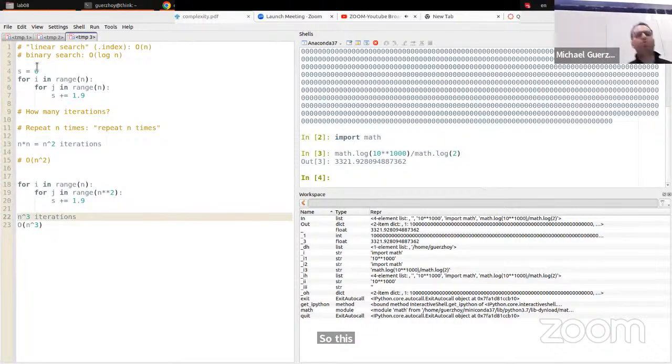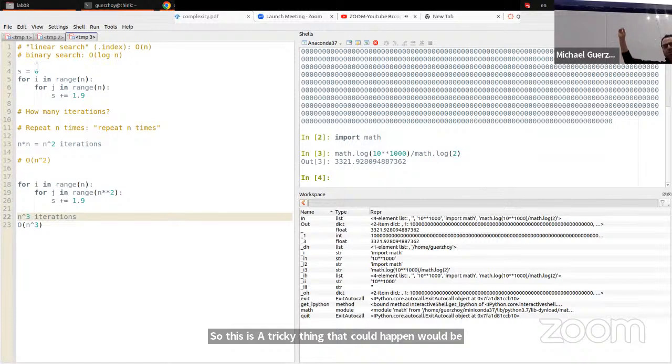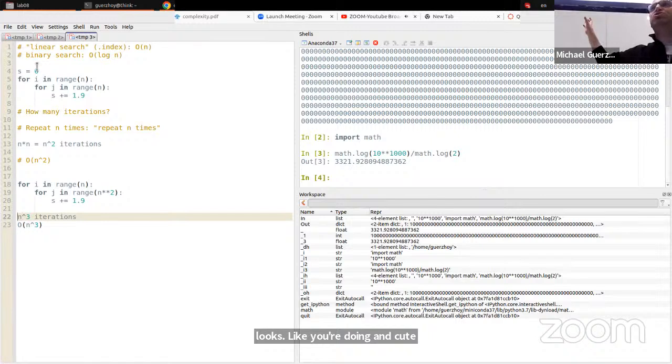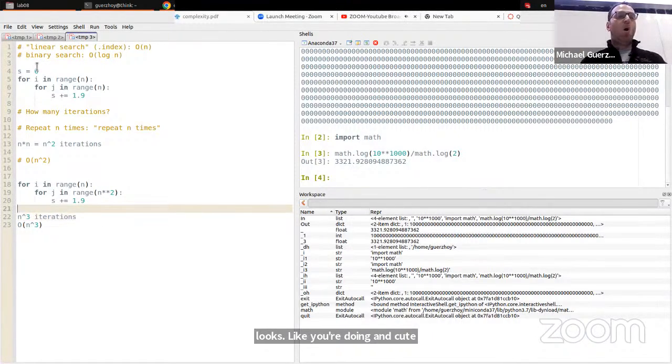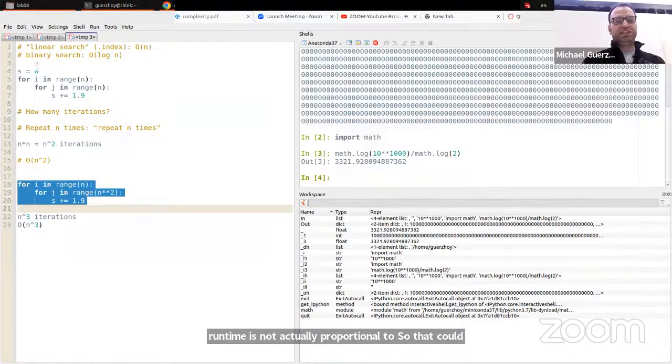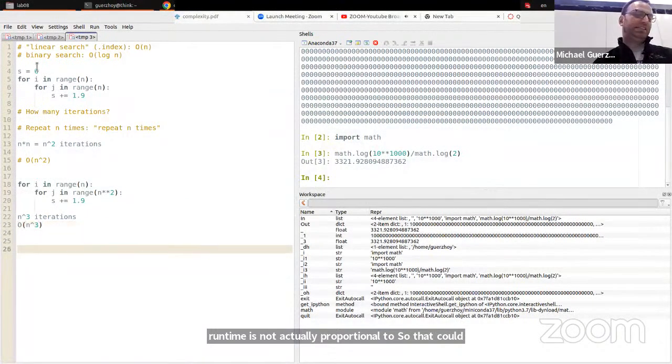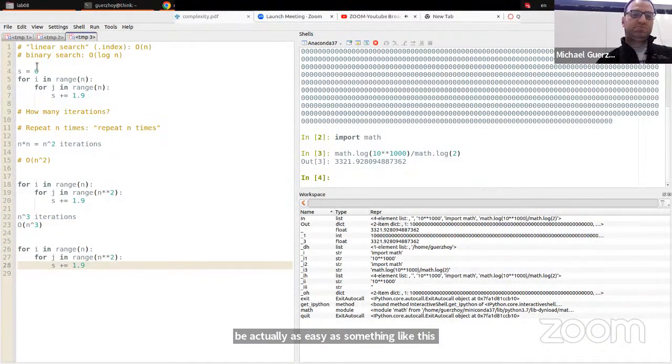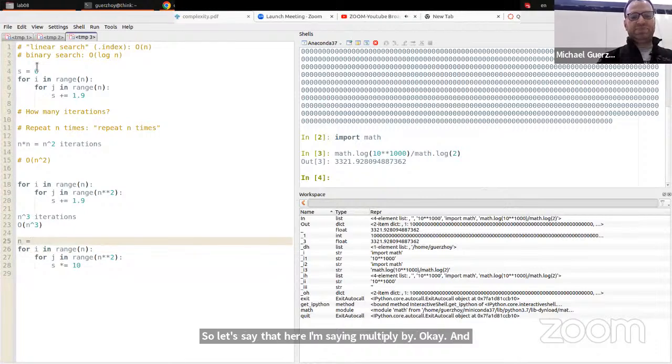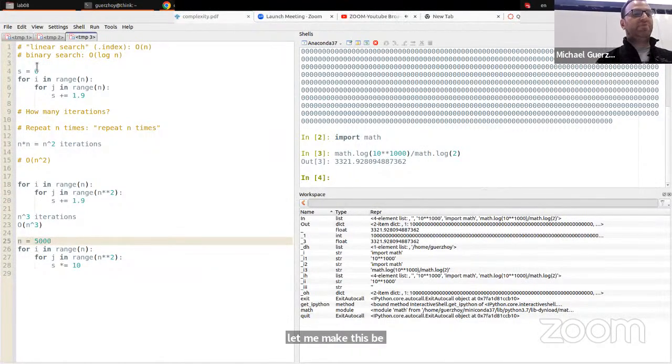A trickier thing that could happen would be that it looks like you're doing n cubed iterations, but the runtime is not actually proportional to n cubed. That could be as easy as something like this. Let's say that here I'm saying multiply by 10, and let me make this something reasonable, like 5,000.